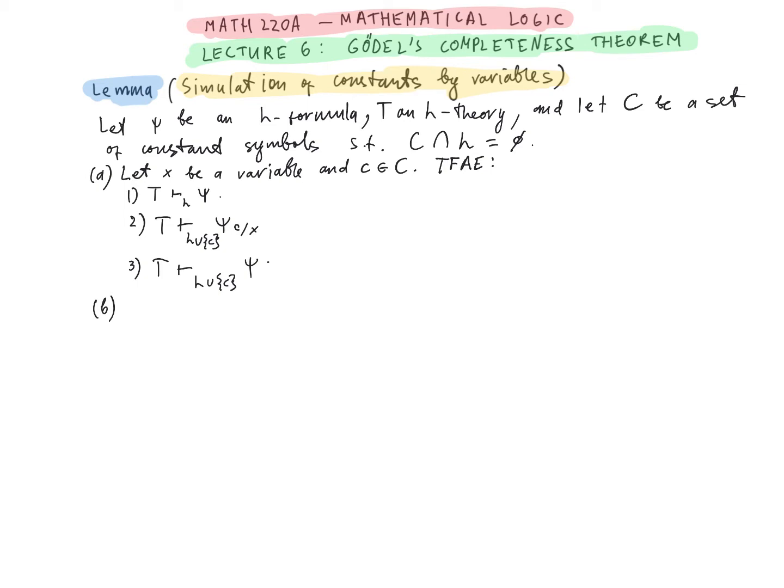And part B, we have that T proves the formula psi in the sense of the language L if and only if T proves the formula psi, but now in the sense of the language L expanded by all these new constant symbols from the set C. So at the very least it tells us that when considering formal proofs, when we add a bunch of new constant symbols, in principle the language becomes bigger and the set of all formal proofs in this language also becomes bigger.